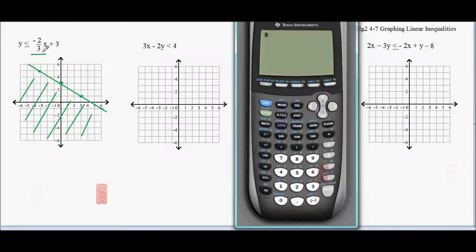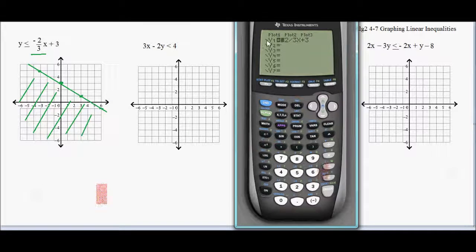I put y up here, and then minus 2 divided by 3x plus 3. Now, if I graph it, I get this line here, which looks pretty much like that.